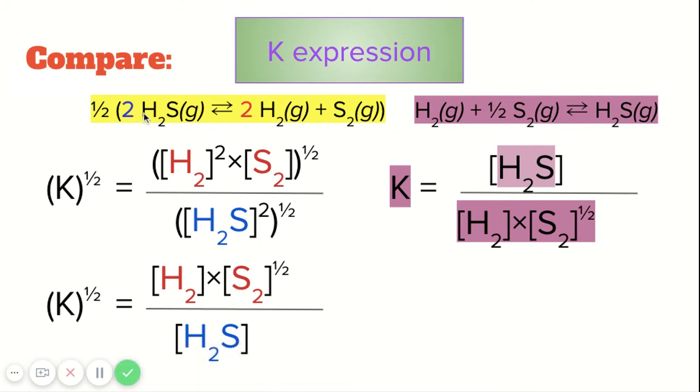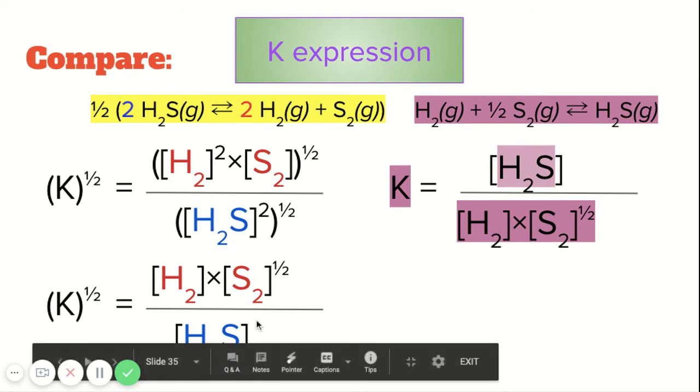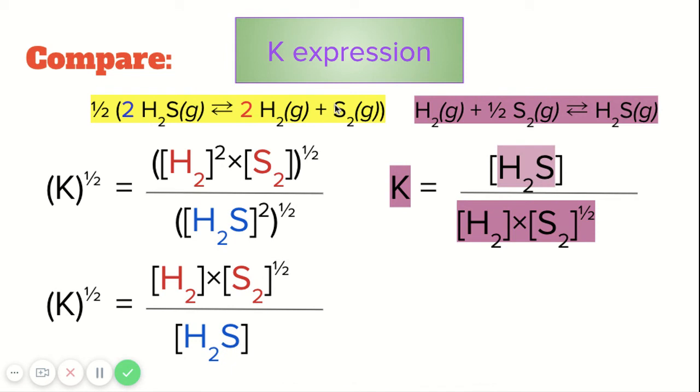There'd be a 1 to the first power on H2S, first power on H2 to the 1/2 on S2. So if I multiply an equation by a number n, the k of the new one is the k of the old one to the nth power. That's a rule, it's just the math.